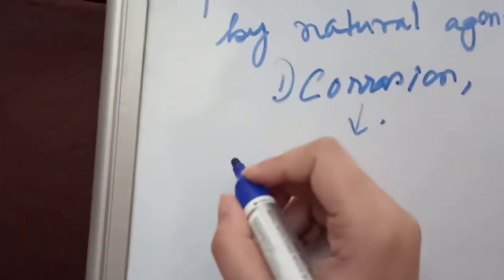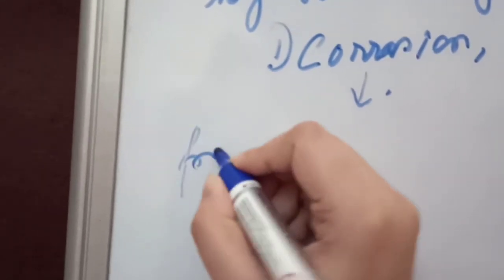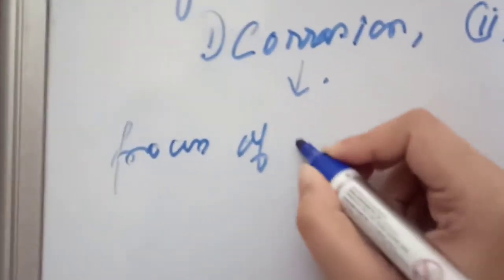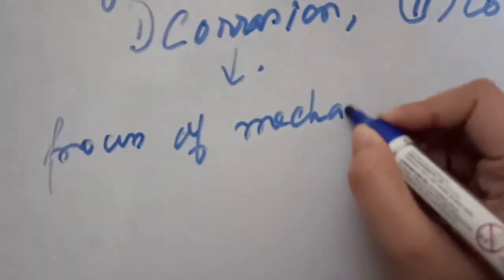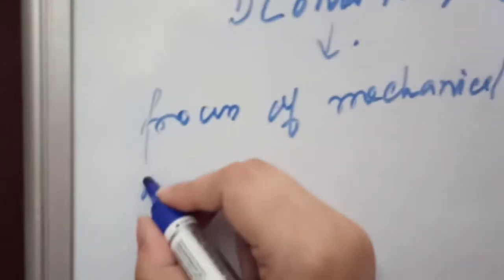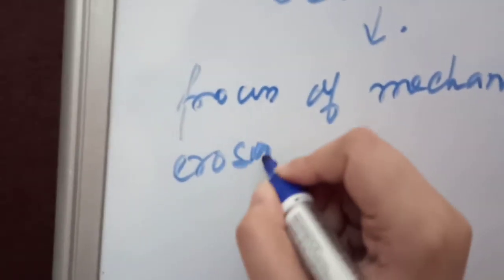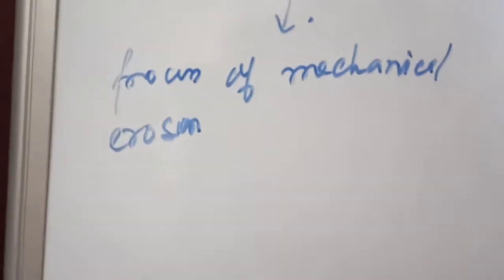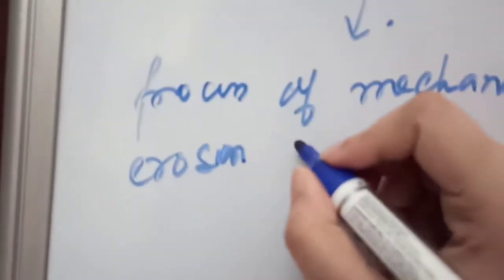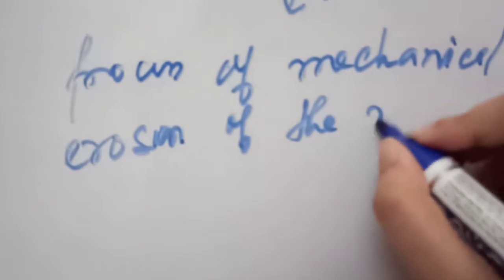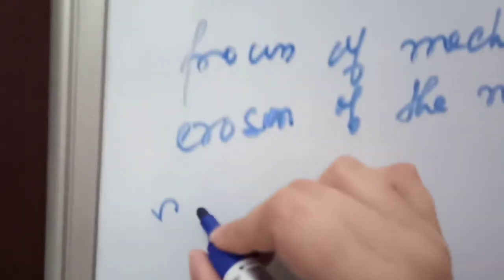So first, what is corrasion? In plain simple language, corrasion is the process of mechanical erosion, or mechanically done erosion, of the rock surface.